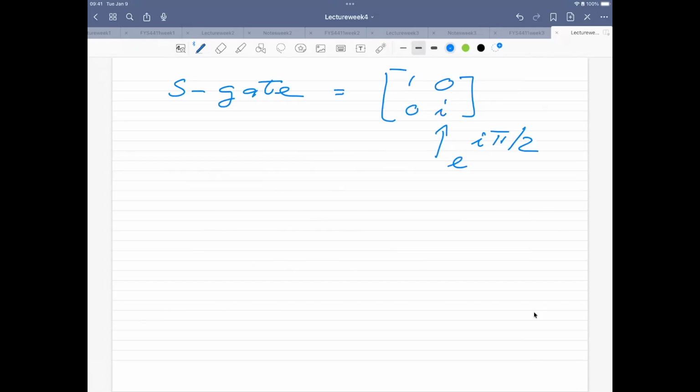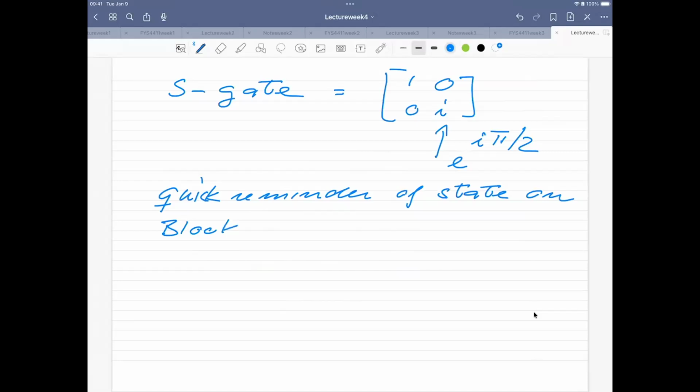Now, as a quick reminder, I also wanted to remind you about a state on the Bloch sphere. We had the expression in the lecture notes in the previous hour, and you have it in the slides. This is a one-qubit state on the Bloch sphere, a general state.